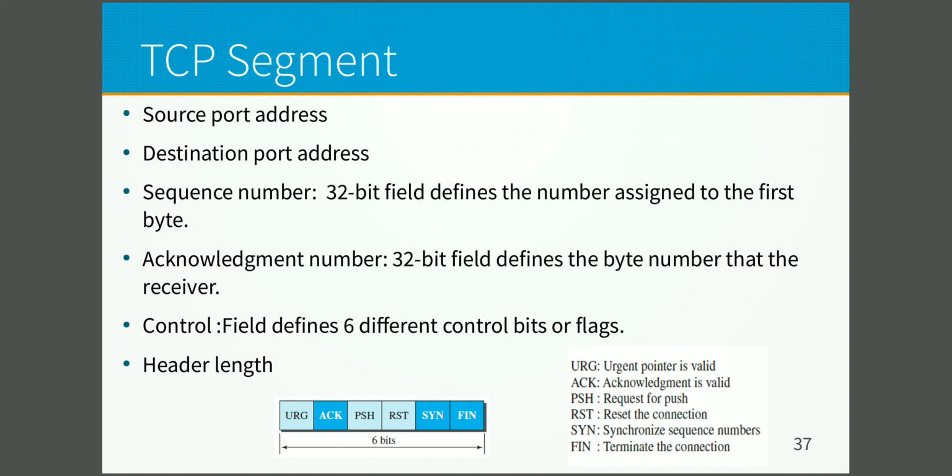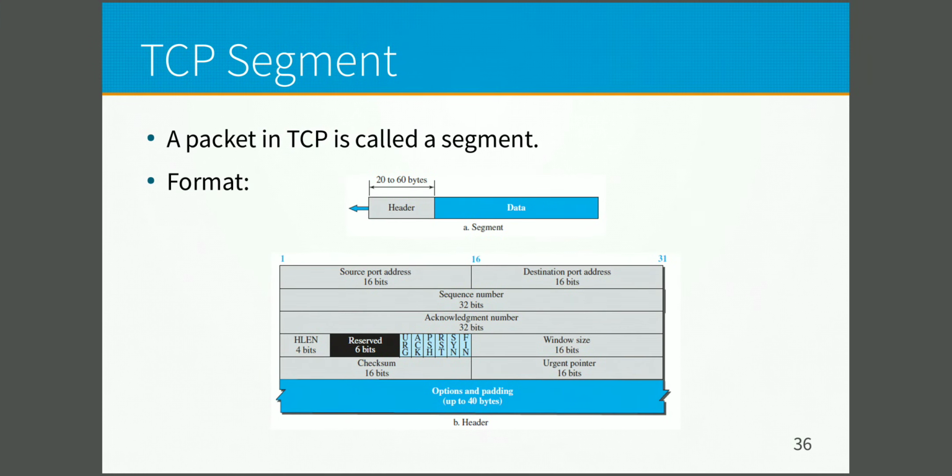Following the acknowledgement number, we have the header length field, which is 4 bits. With 4 bits of information, the range of values that we can represent is from 0 to 15, but the range of values we have to represent here is from 20 to 60.